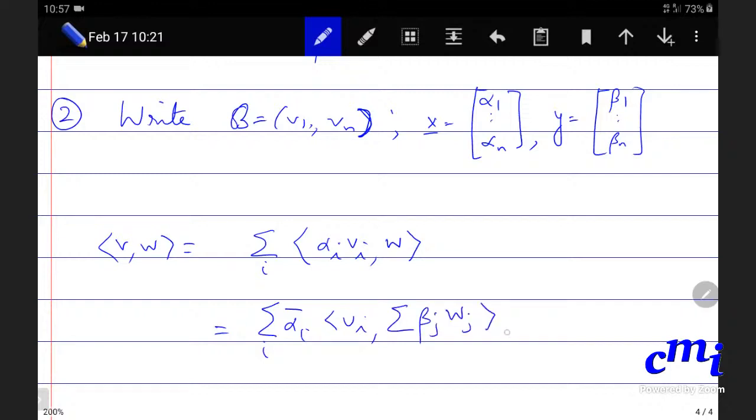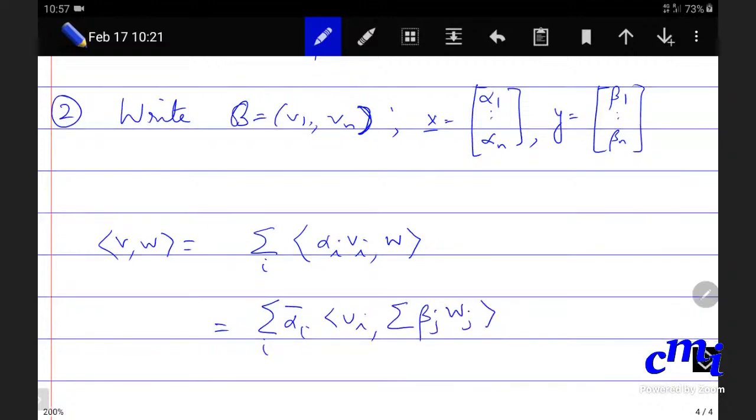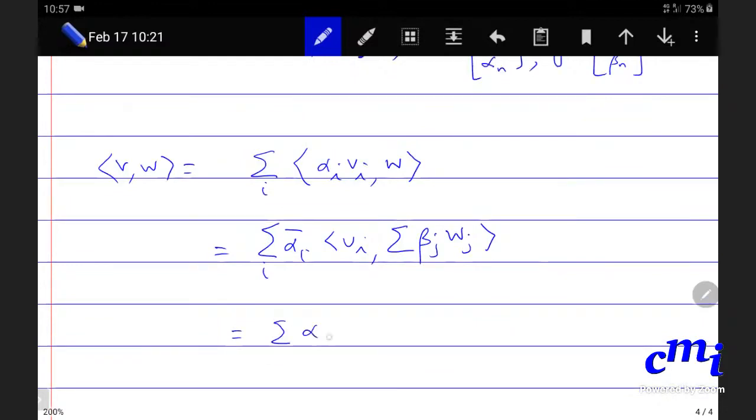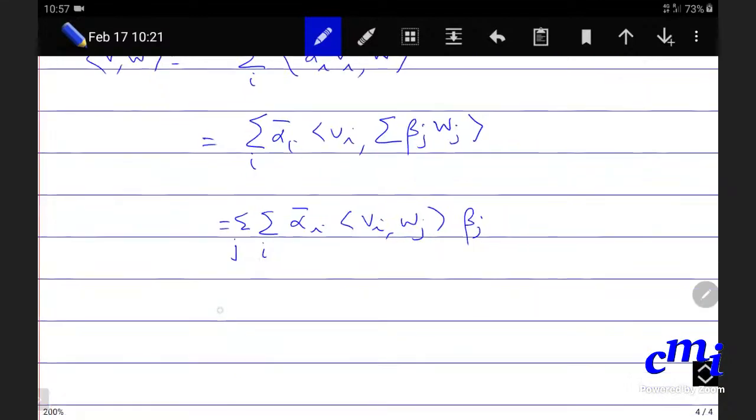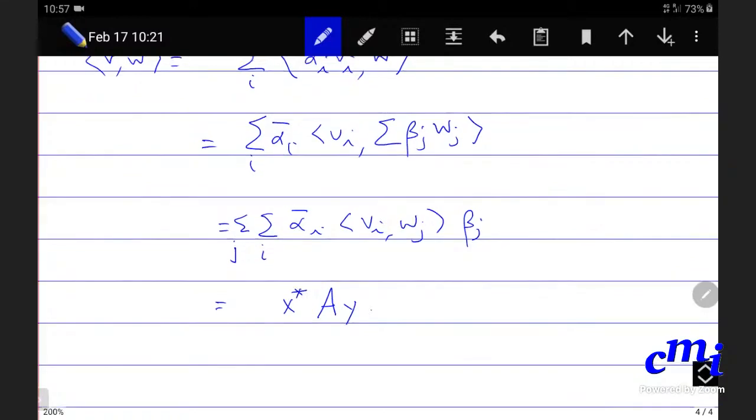This is now alpha i bar, sum over i, then sum over j, ⟨v i, w j⟩ beta j. I just wrote the beta j on this side to emphasize this point, which is just x star A y. So this proves it.